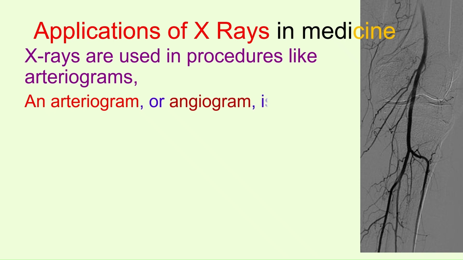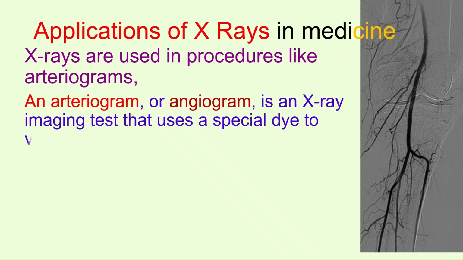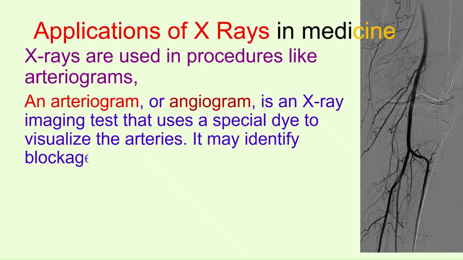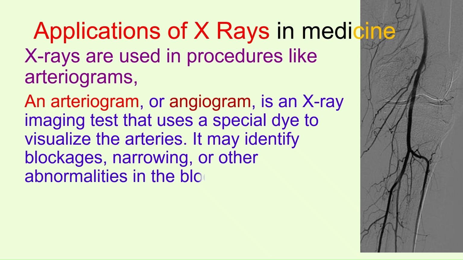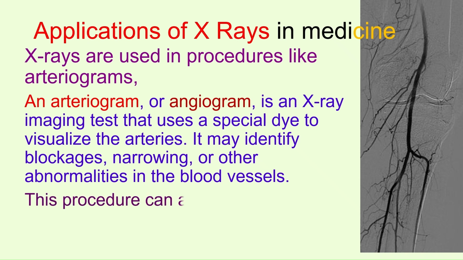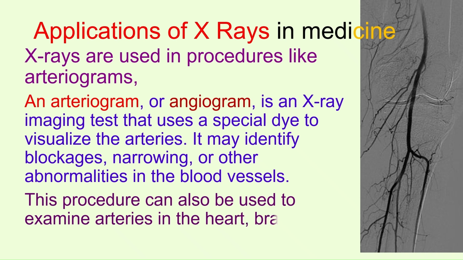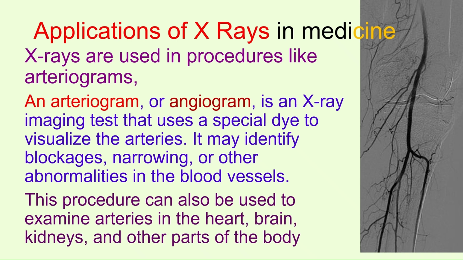An arteriogram, or angiogram, is an X-ray imaging test that uses a special dye to visualize the arteries. It may identify blockages, narrowing, or other abnormalities in the blood vessels. This procedure can also be used to examine arteries in the heart, brain, kidneys, and other parts of the body.